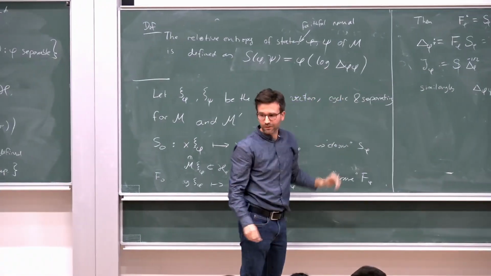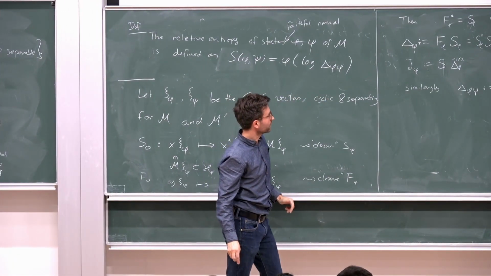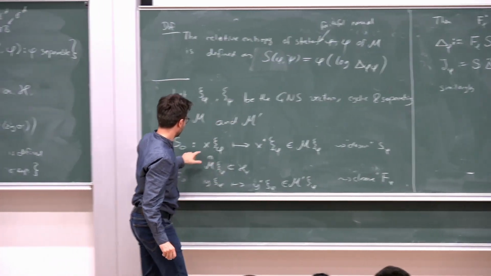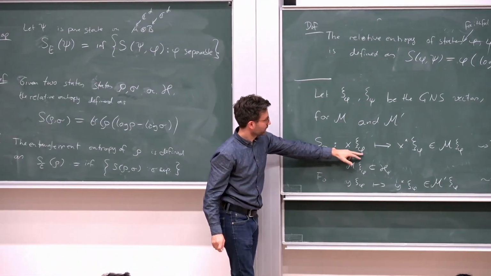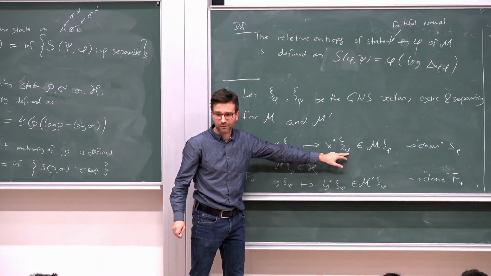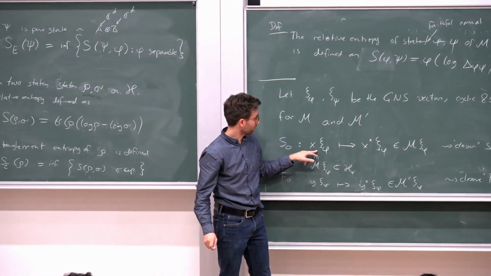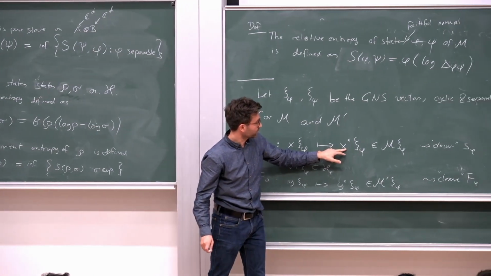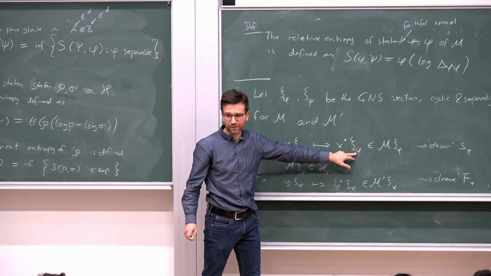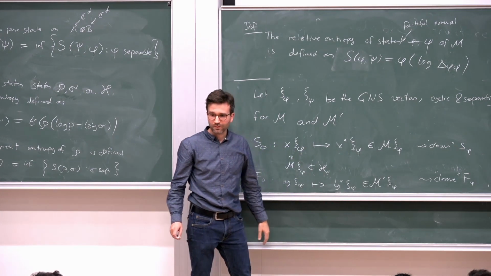I'm sorry, I didn't get the definition of S phi psi. S phi psi you would obtain by replacing this with psi. For x psi phi, you map that to x star psi psi. But that will be a psi. So how is it dependent on phi?